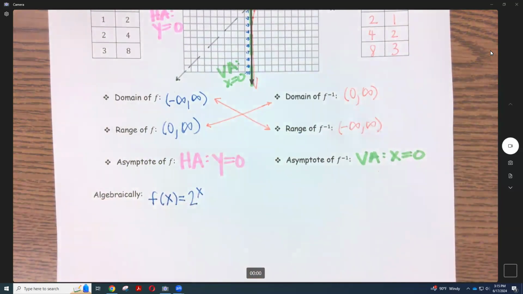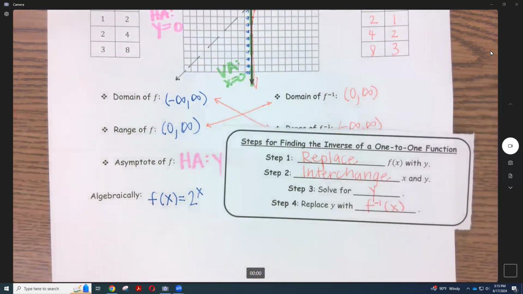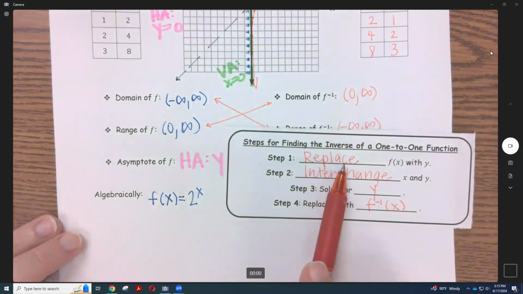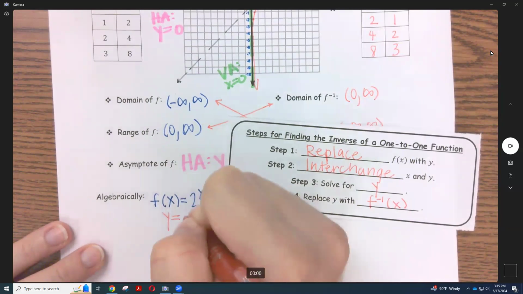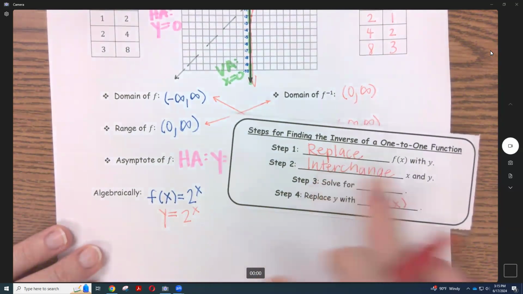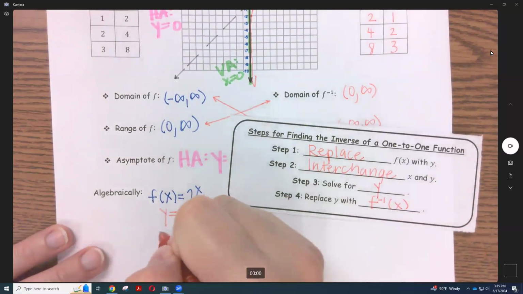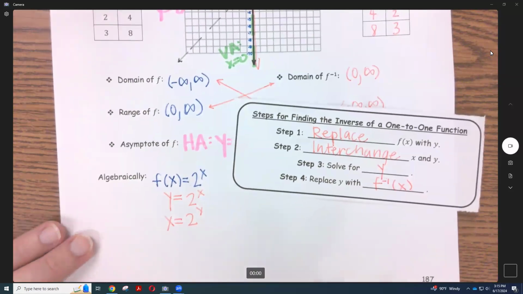Here's our steps to find an inverse function. So the first thing we need to do is replace our f of x with y. So now this is y equals 2 to the x. Now I need to interchange my x and my y. So we get x equals 2 to the y power.